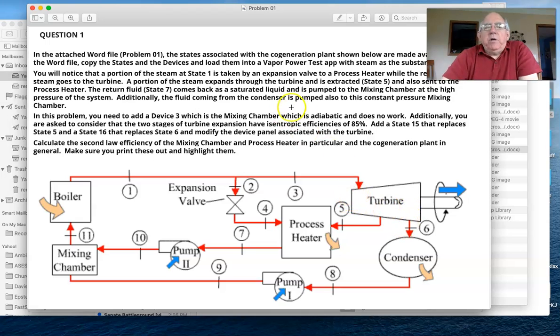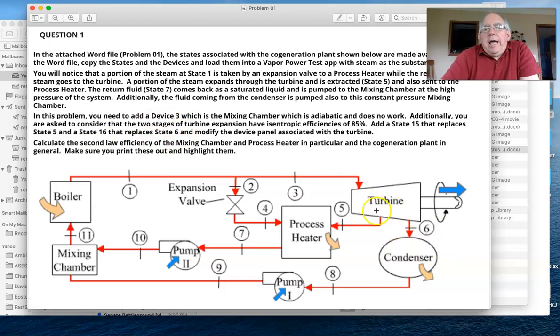And so in that regard, I've asked you to obtain a real state 15 and a real state 16. As you can see here, you add a state 15 that replaces state 5 and a state 16 that replaces state 6.